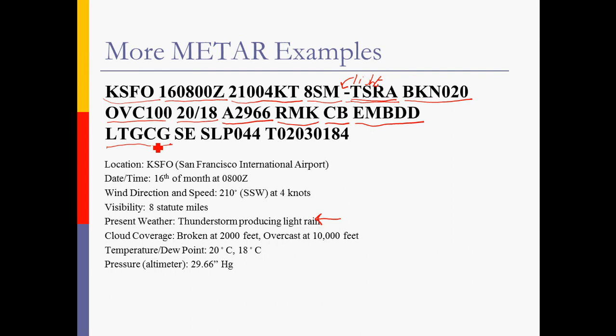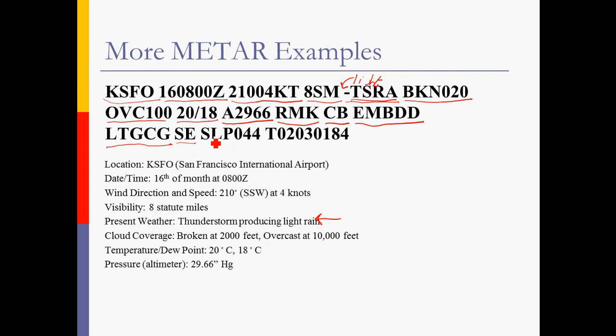By the way, this was on that slide that had other useful coding conventions. And then SE just stands for southeast. So the METAR is telling us that there was a cumulonimbus cloud with embedded cloud to ground lightning to the southeast of the observation site.